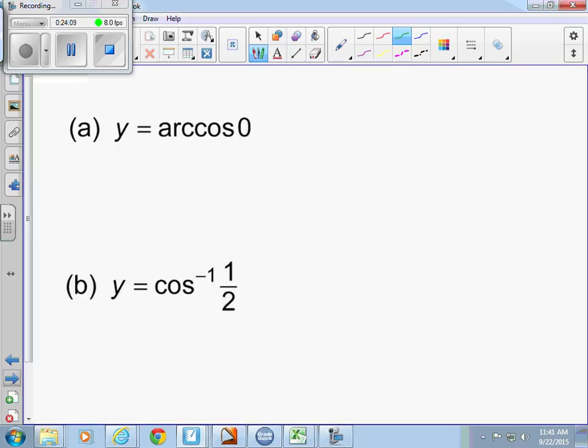Try this. So kind of what we're getting today is a little bit of understanding of what our calculator is doing with inverse trig functions.